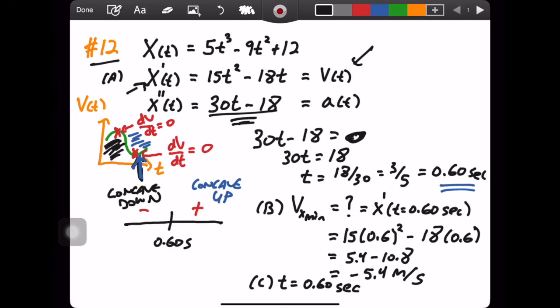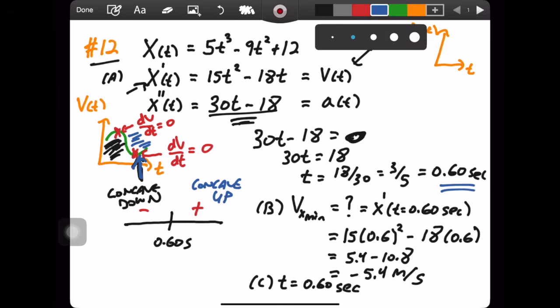You could also think of it as you start with a position versus time graph. So a position versus time graph would look like this, where you'd have t and you'd have x of t. And so the position versus time graph is also going to have some shape. And at any given point, the slope at that specific point is going to give us the instantaneous velocity, right?